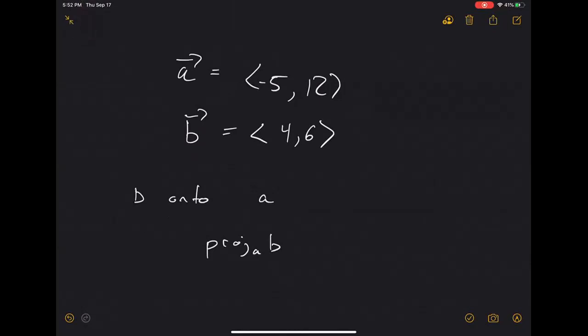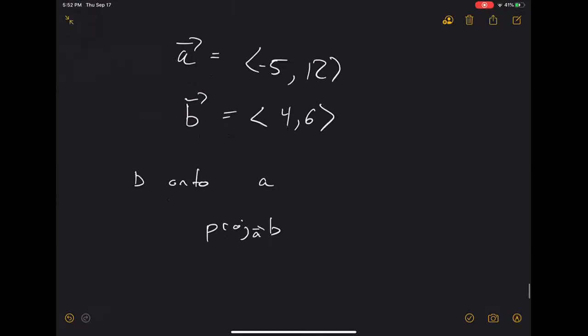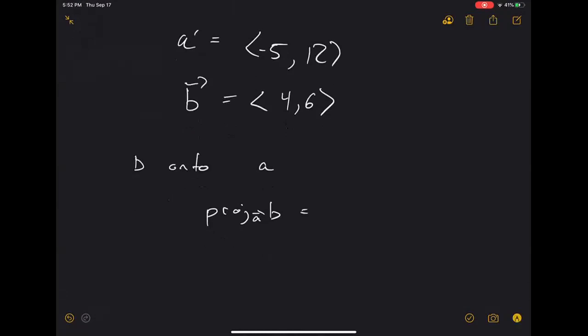So I want to use this. Okay. I'm going to use this formula. The projection of B onto A is what?